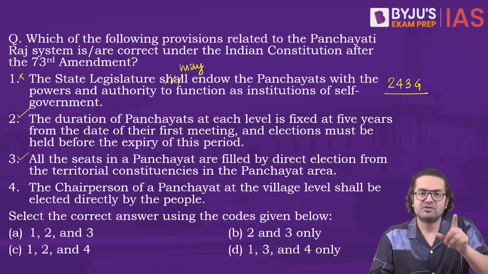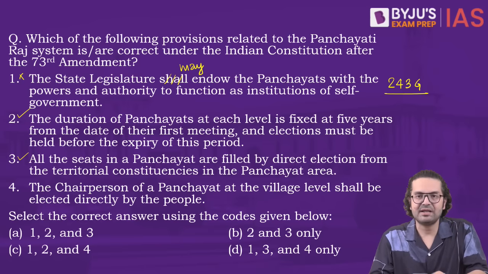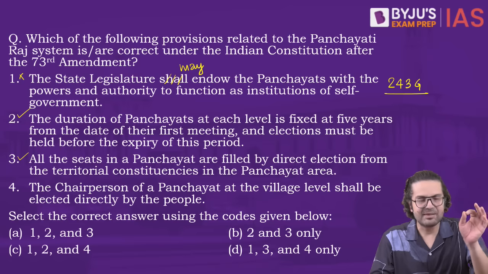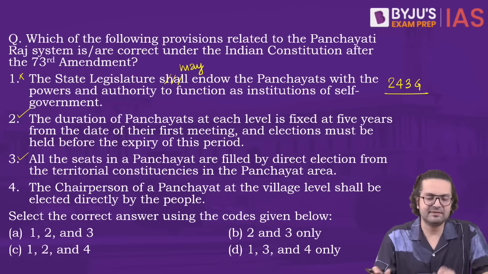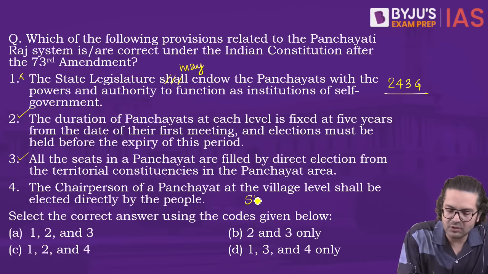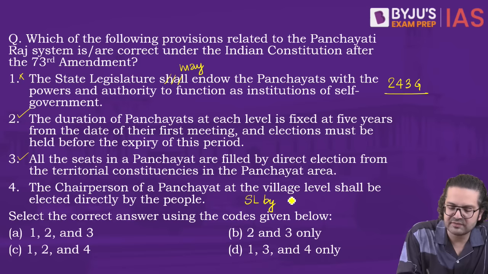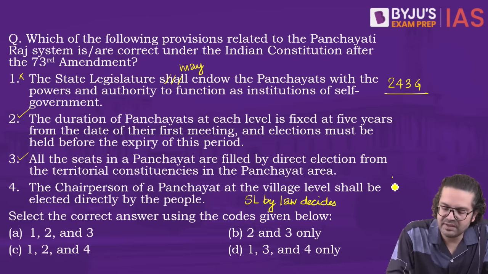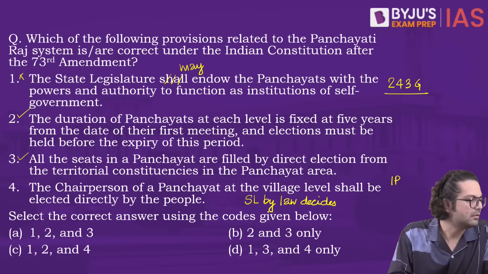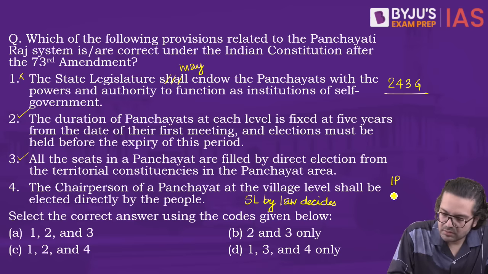The chairperson of a panchayat at the village level shall be elected in a manner that the state legislature by law decides. Now the point is, what about the chairpersons of other levels like the intermediate level or the district level?